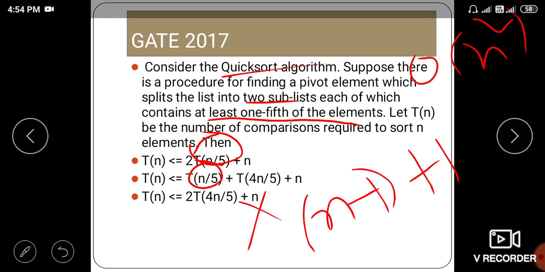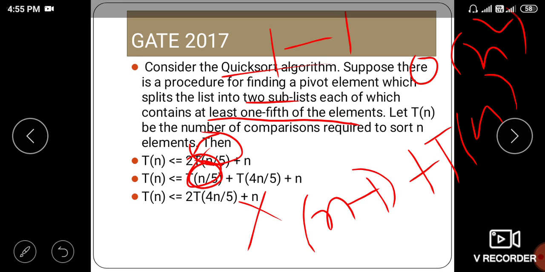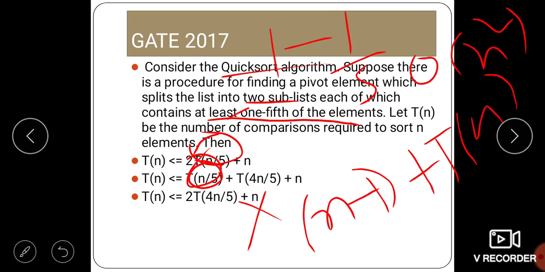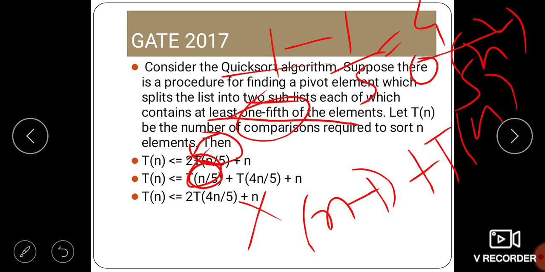Here we have n/5, and if we subtract 1/5 from 1, we get 4/5. So here it is 4/5, so option 2 is correct.